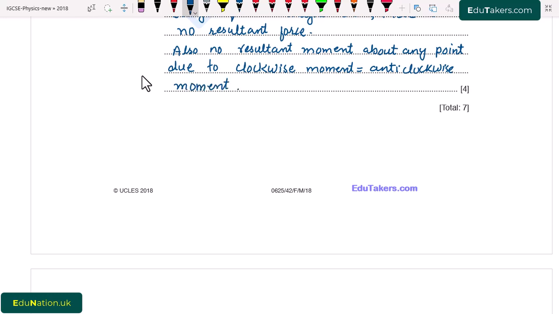So this is in equilibrium. I also calculate here the moment, that is 80 multiplied by 1.2, which is equal to 96 Newton meter.